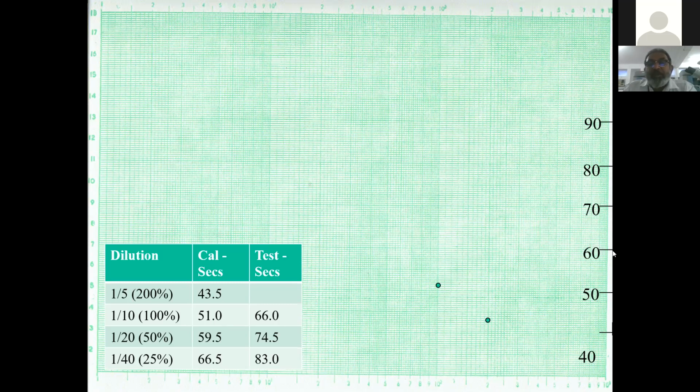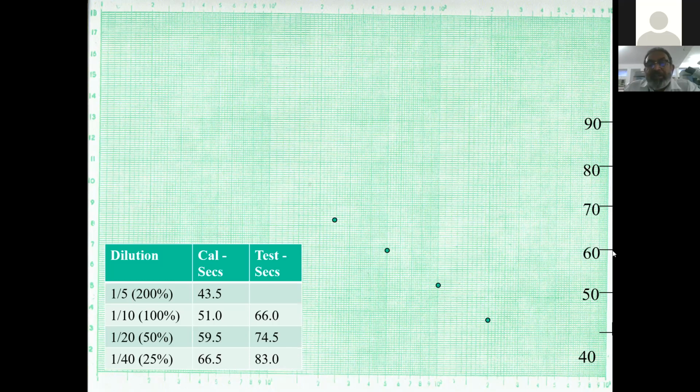Then you have 59.5, which will be close to 60 seconds, and you have to go at 50%. So that is 55 at just above 5. You have got 59.5, which is close to 60%. Then you have 66.5, which will be between 60 and 70. And 25 is between 2 and 3. You have 25, and then you can see that there is this 66.5 seconds.